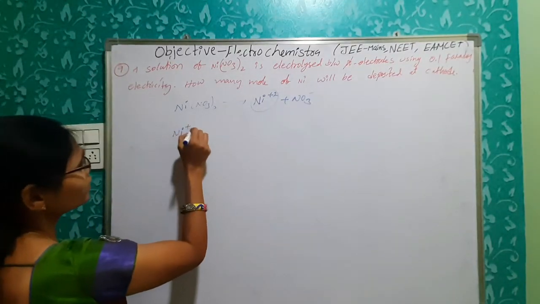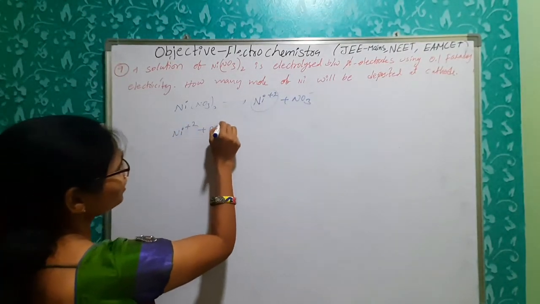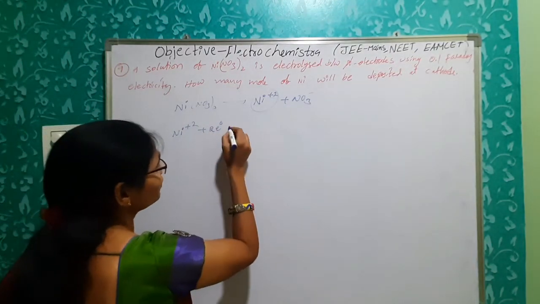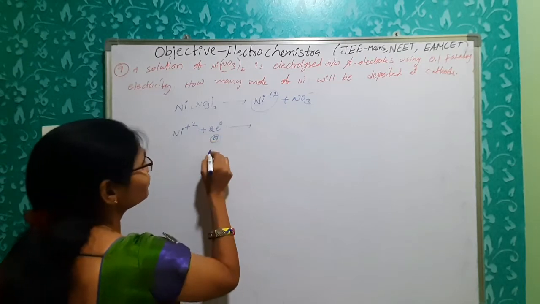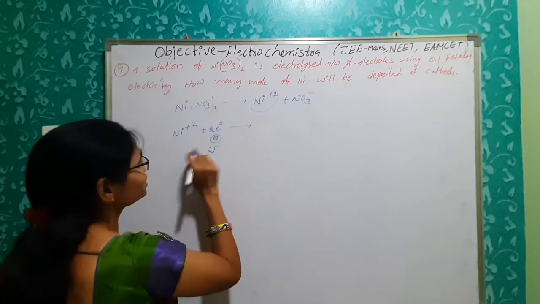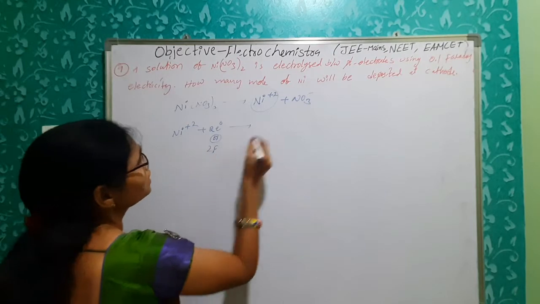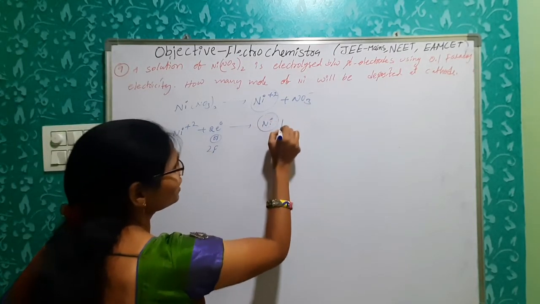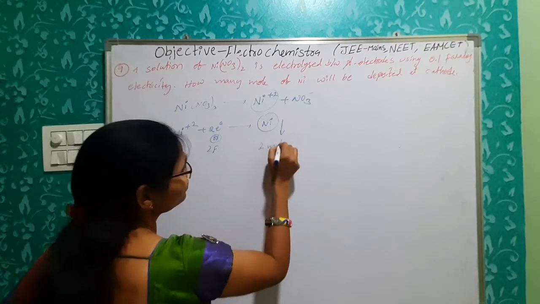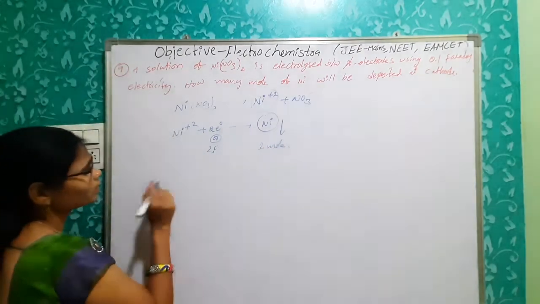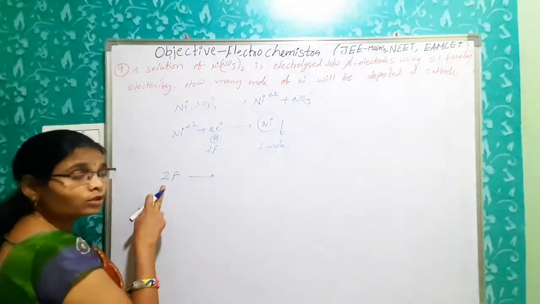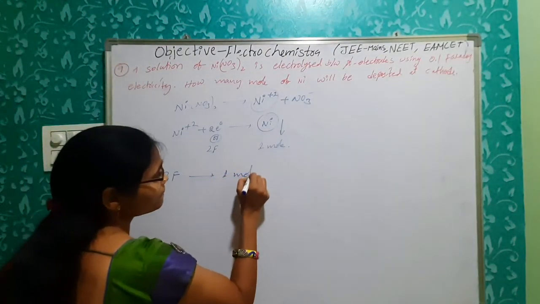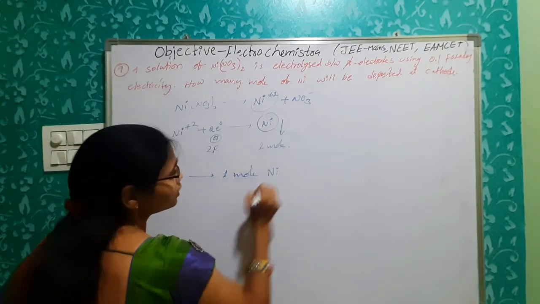At cathode, Ni plus 2 takes 2 moles of electrons, means 2 Faradays of electricity. 2 moles of electrons or 2 Faradays of electricity are taken by 1 mole of nickel to deposit 1 mole of nickel at cathode. So simply, by using 2 Faradays of electricity, 1 mole of nickel is deposited.